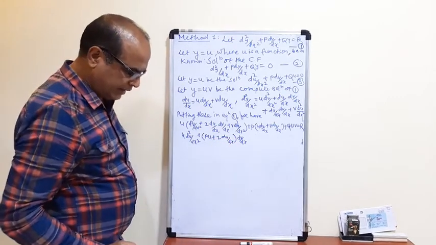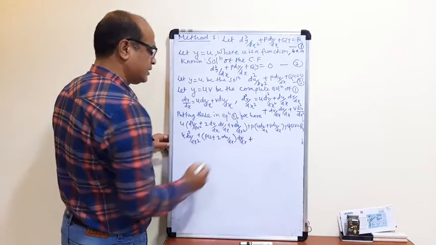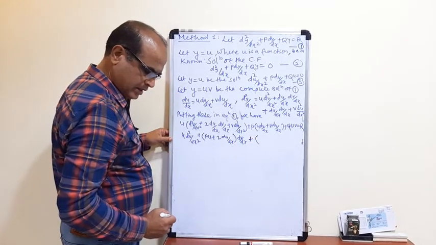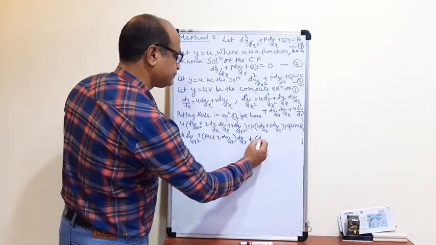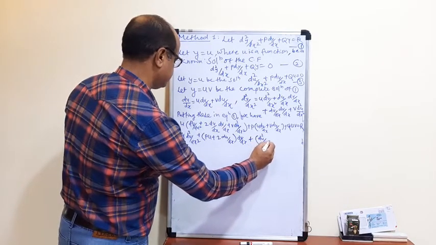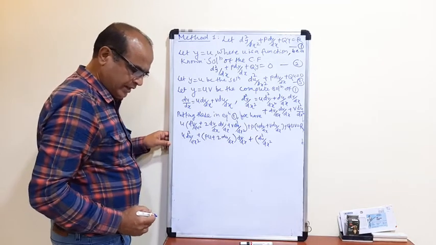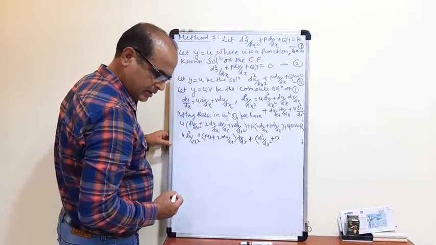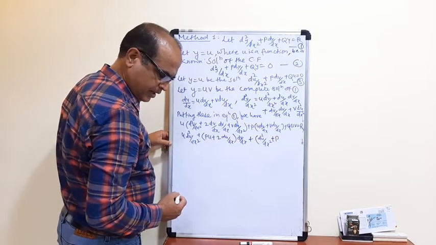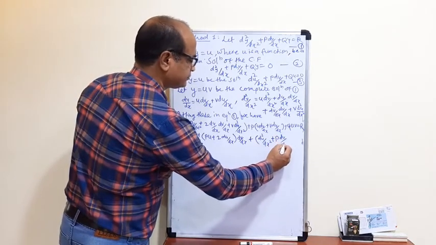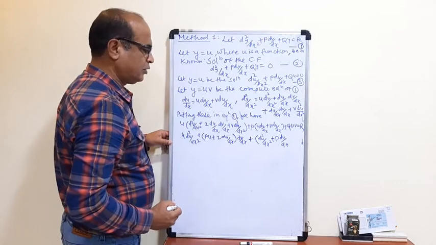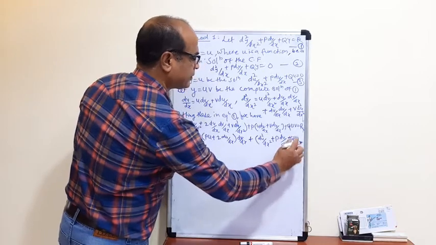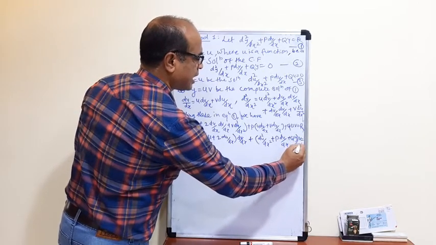What are the remaining terms? d2u by dx square plus p du by dx plus q into v is equal to r.